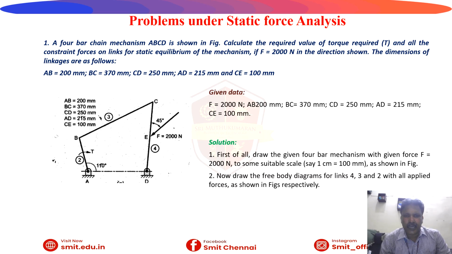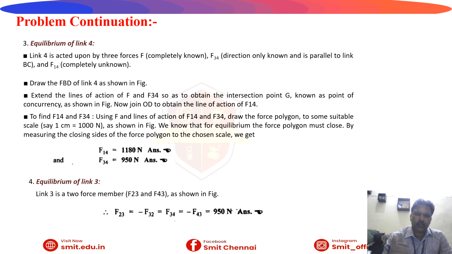Now draw the free body diagrams for the links, that is 4, 3 and 2, with all applied forces as shown in the figure respectively. We will see the figure one by one in the next slide. Here the step number 3, equilibrium of link 4.